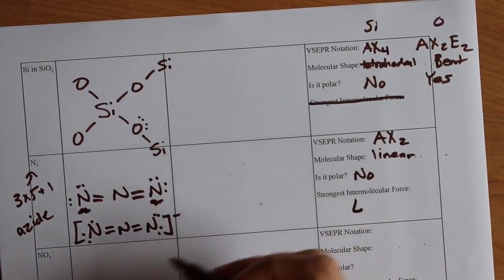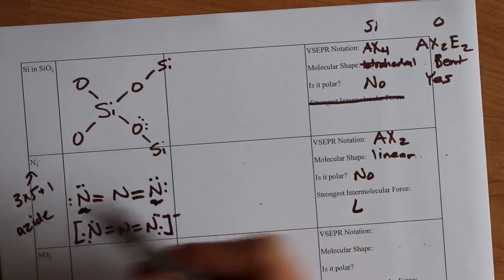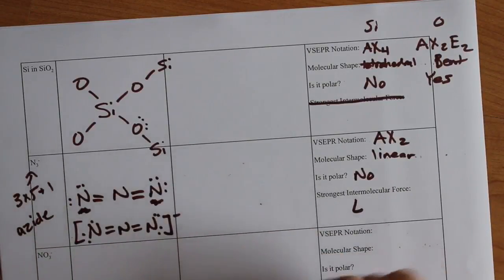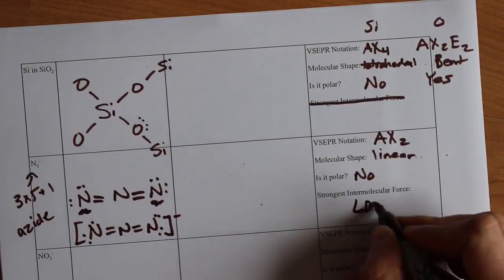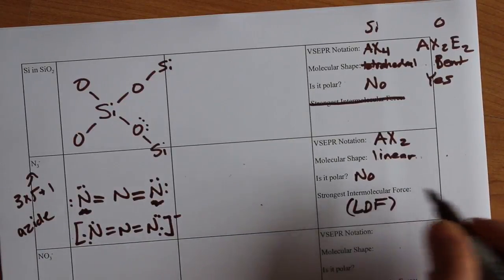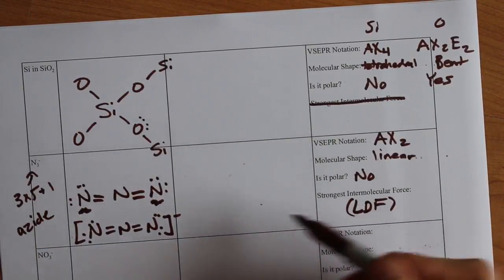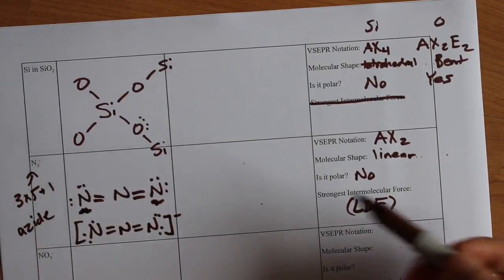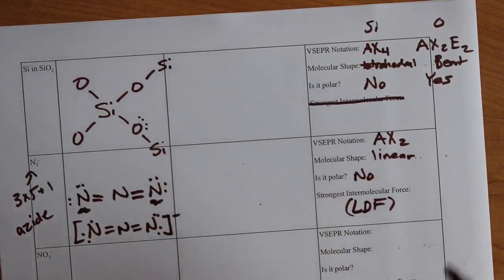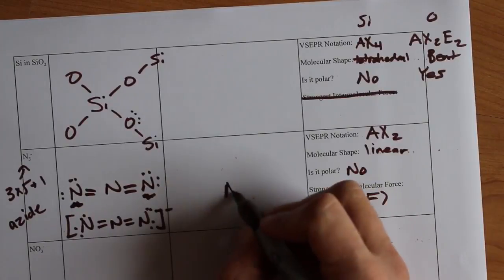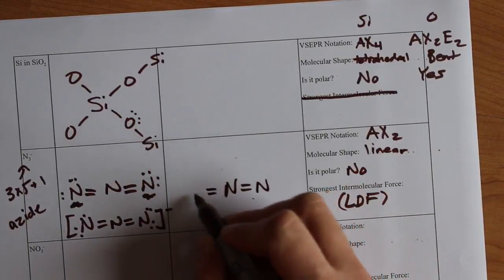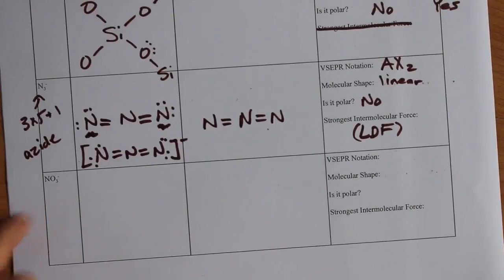If N3 minuses could interact with each other, they would be LDFs, but I wouldn't count on that because N3 minus is only present in ionic compounds anyways. Because it's linear, there is no 3D structure to show, and we just leave her there.